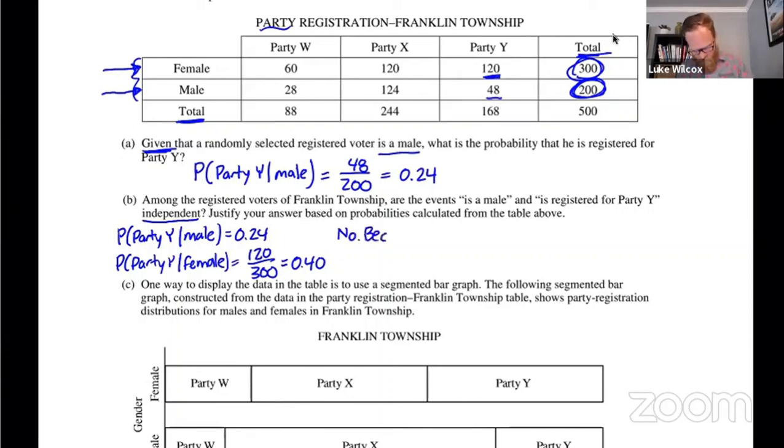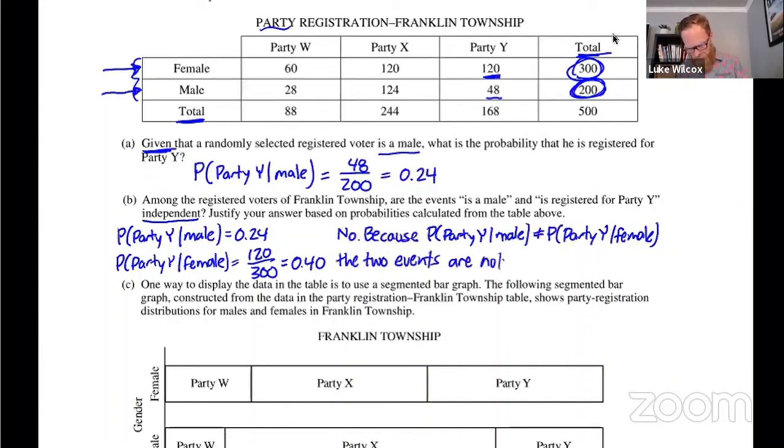So I'm going to say, because the probability of party Y, given that they're a male, does not equal the probability that they are in party Y, given that they're a female, these two events are not independent.